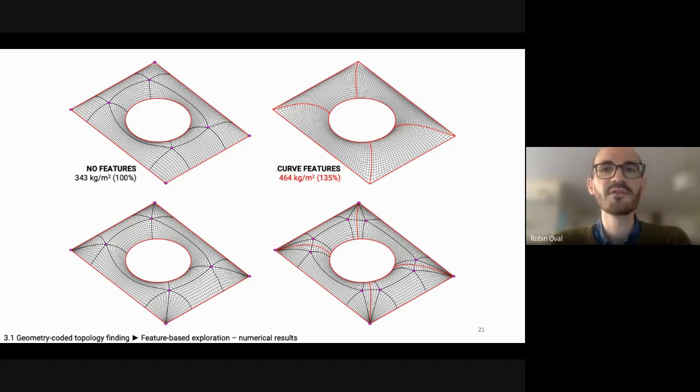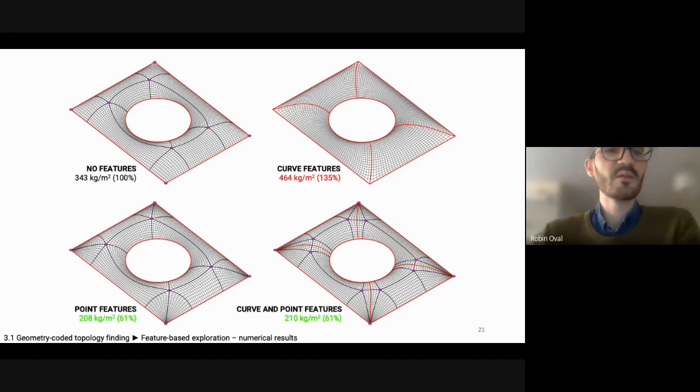And if we compare it with the design with the curve features, though the heuristic was to add it, apparently it actually worsens its performance. But if you actually integrate the point features, so by attracting the beam elements towards the support, you can actually reduce by almost 40% the structural weight.